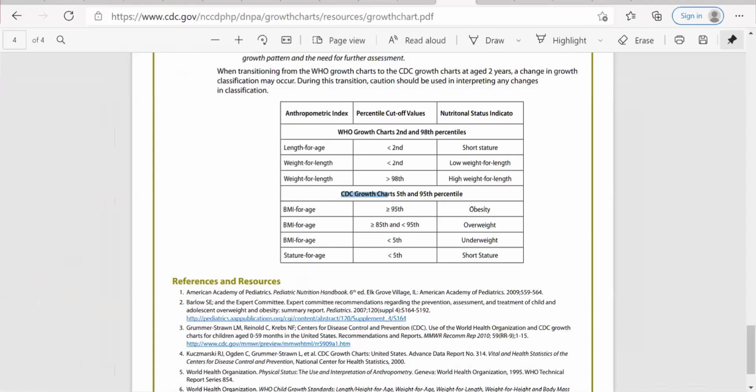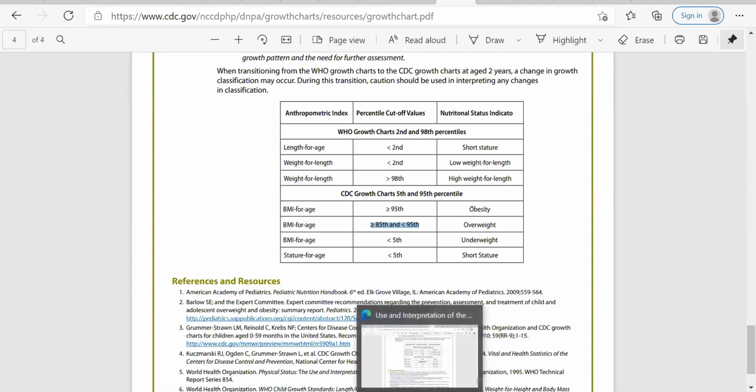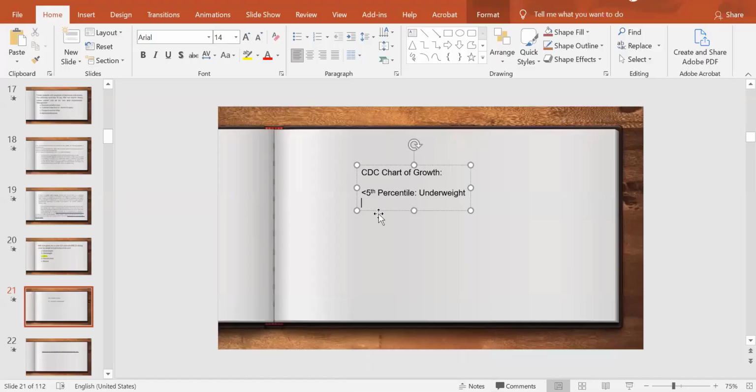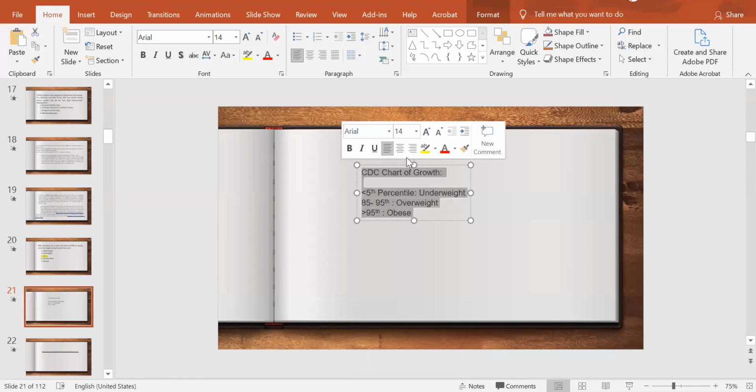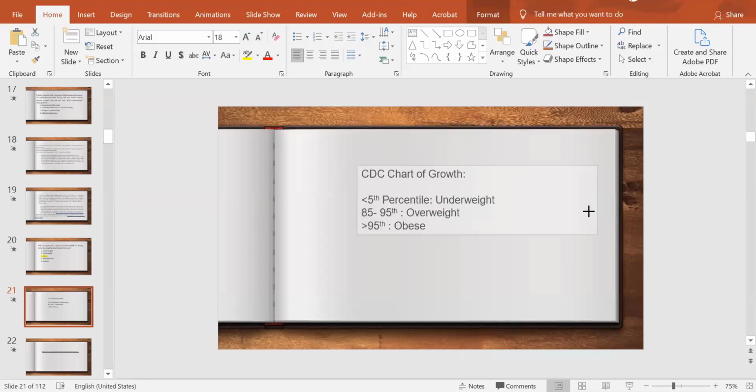All right, and if you look here again, in between 5 and 85, that's normal. Okay, 85 to 95, that's your overweight, and more than 95, it's your obese. For the CDC chart, we'll keep this one.